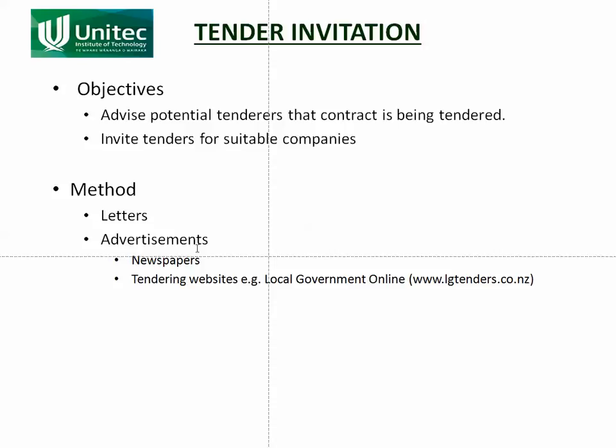You might put advertisements in the newspaper, or you might put the advertisements on the tendering website. So there's Local Government Online, which is a website which has all of the tenders for local government. And there's several types of tendering websites that most contractors subscribe to.